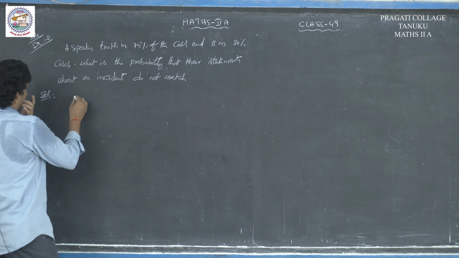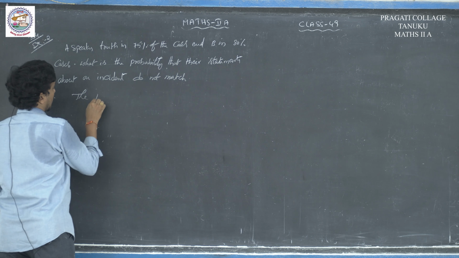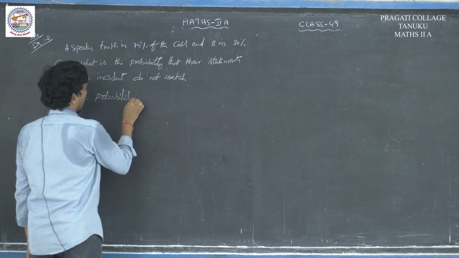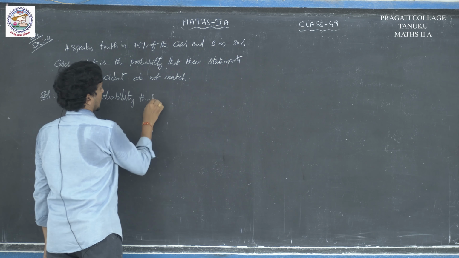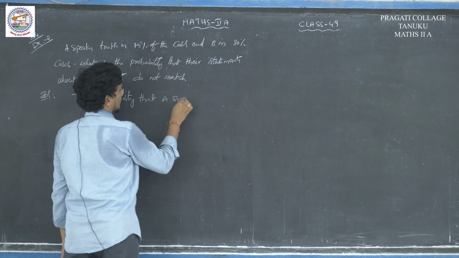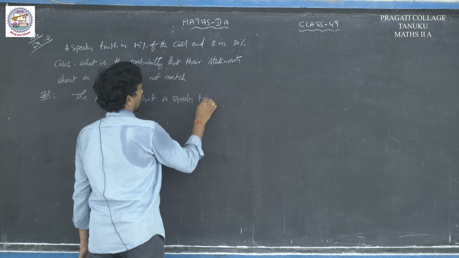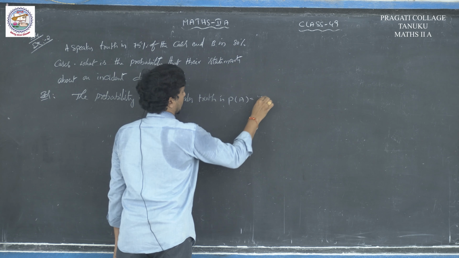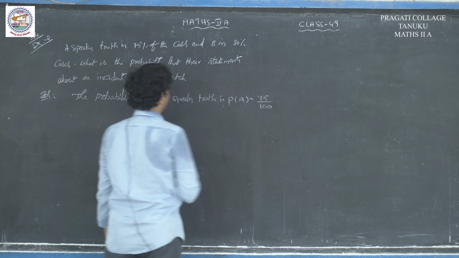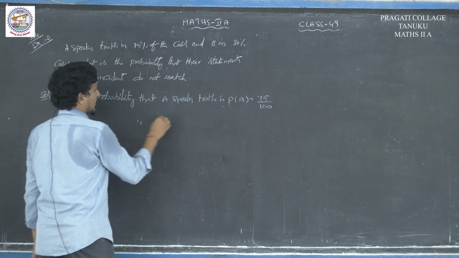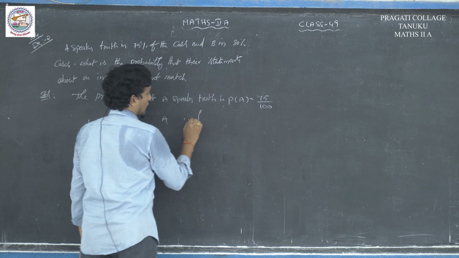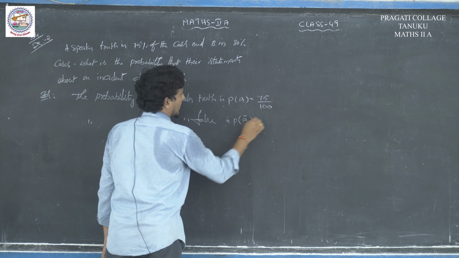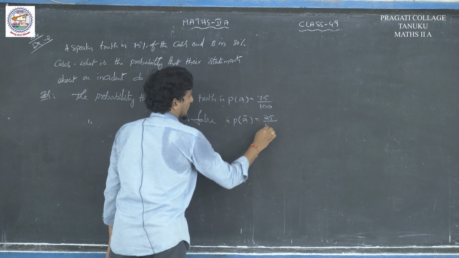First of all, the probability that A speaks truth is P of A is equal to 75%, which means 75 by 100. The probability that A speaks false is P of A bar, the complementary, which is 25 by 100.